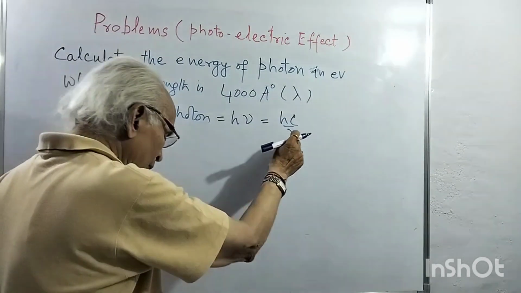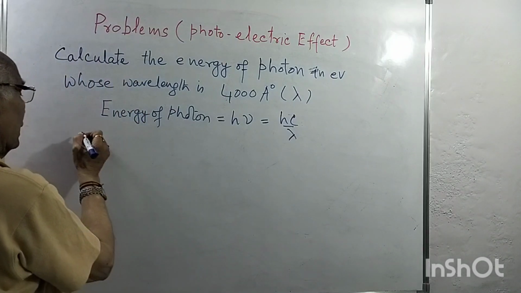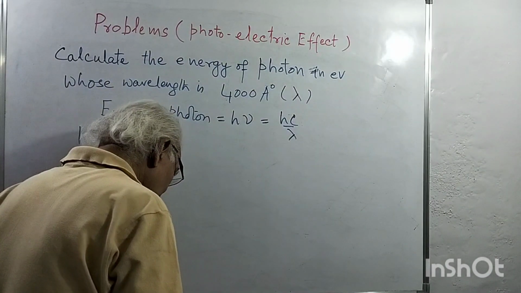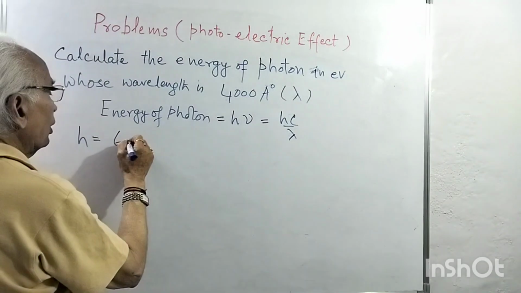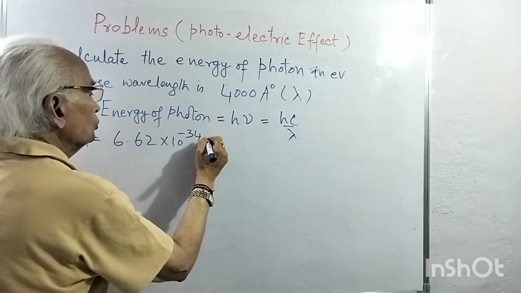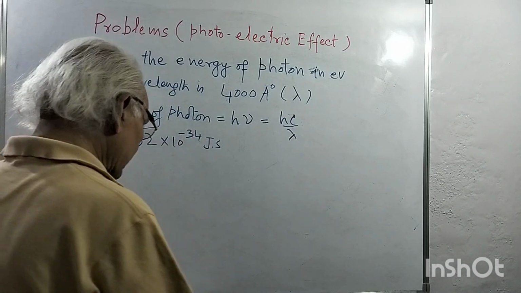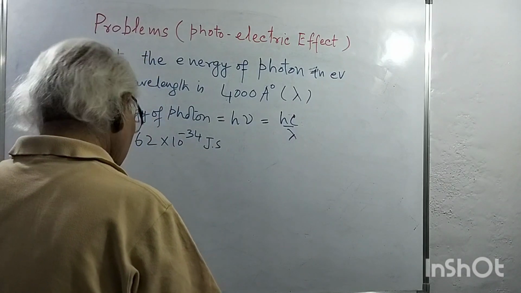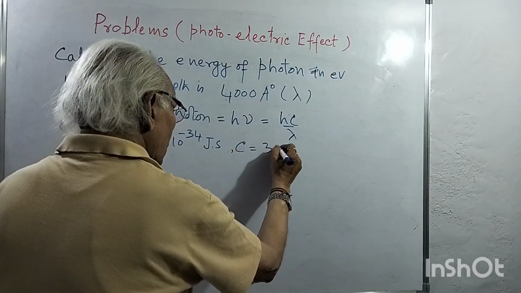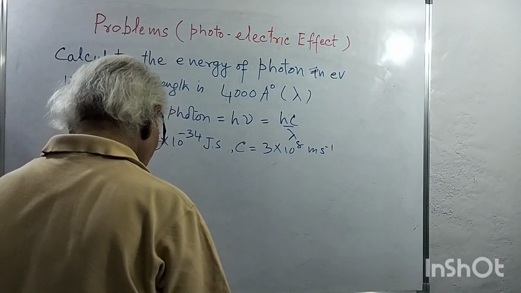So you can use lambda, you can use c. h is the Planck constant. How much? Exact value 6.62 into 10 to the power minus 34 joule second. And then we have c. c is equal to 3 into 10 to the power 8 meters per second.